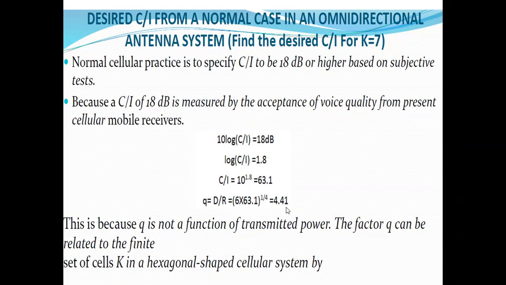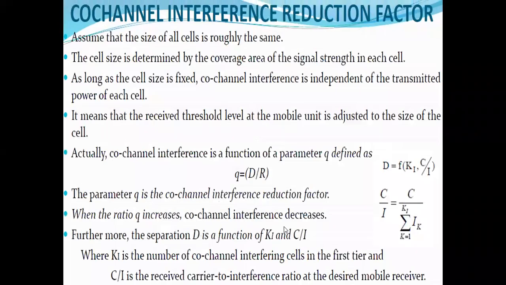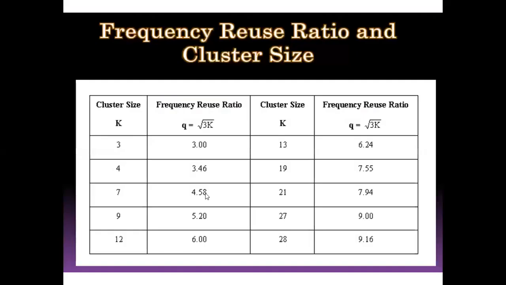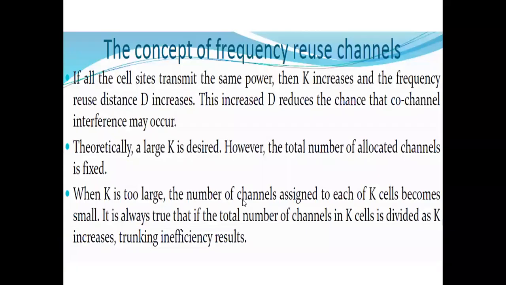Now if Q is equal to 4.41, then the particular K value for that is shown in the previously discussed table. I will show you now. As you can see, Q of 4.41 is approximately in this vector. That's why K is equal to 7. I am taking K equal to 7 for that.